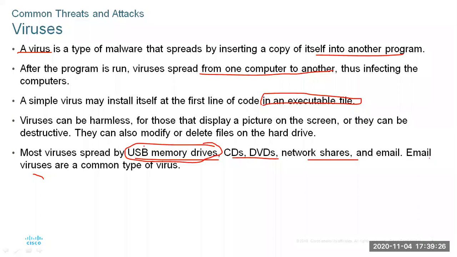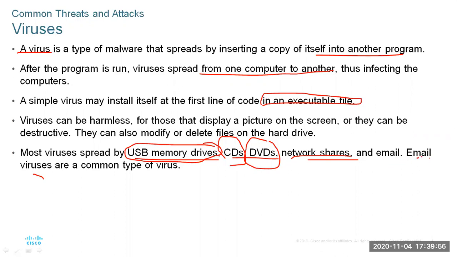So flash drives and USB are one of the modes by which it enters. CDs and DVDs are another mode, when you copy files to CDs or DVDs and you burn them. Network shares, when you have a folder on a particular system and you share it on the network where other people are able to access that folder, that's a problem.